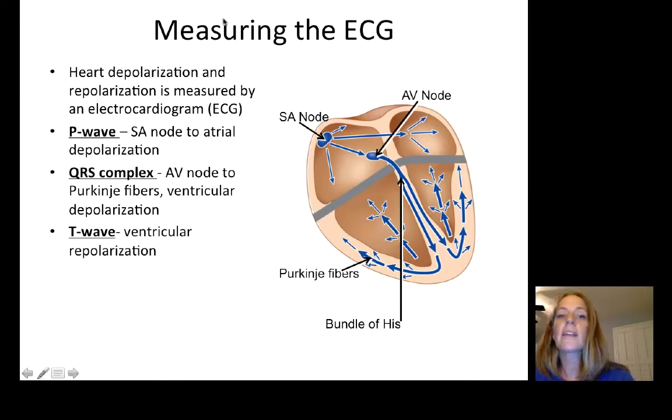So measuring the rate at which the heart has action potentials, and the depolarization and repolarization caused by the wave of action potentials through the SA node, to the AV node, through the bundle branches, and up the Purkinje fibers, is done by an electrocardiogram, or an ECG or EKG, initially from the German electrocardiogram with a K. So from here, we have different parts of the EKG that we will be measuring in lab and that you may have seen in other courses.